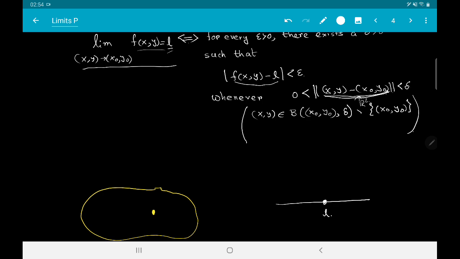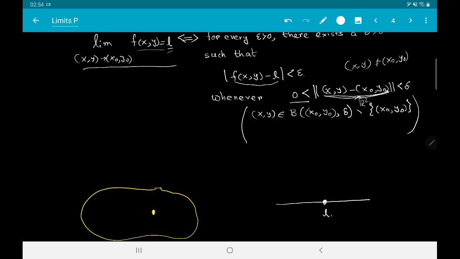And what does this condition boil down to? We need that the norm of (x,y) minus (x0,y0) must be strictly bigger than 0. So that means that (x,y) cannot be equal to (x0,y0), as we have seen in most cases in my previous slides, and this has to be less than delta.